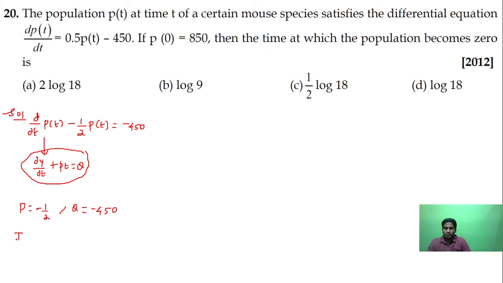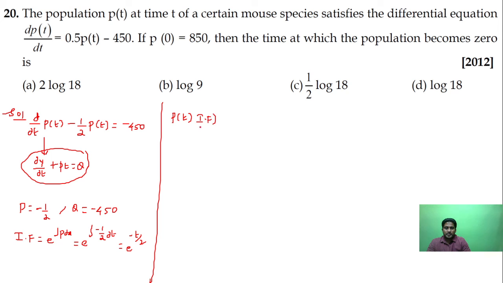Integrating factor is equal to e to the power of integration of P dt. This will be equal to e to the power of minus half into dt, so this is equal to e to the power of minus t by 2. The solution will be p of t into integrating factor is equal to integral of Q into integrating factor dt plus c.